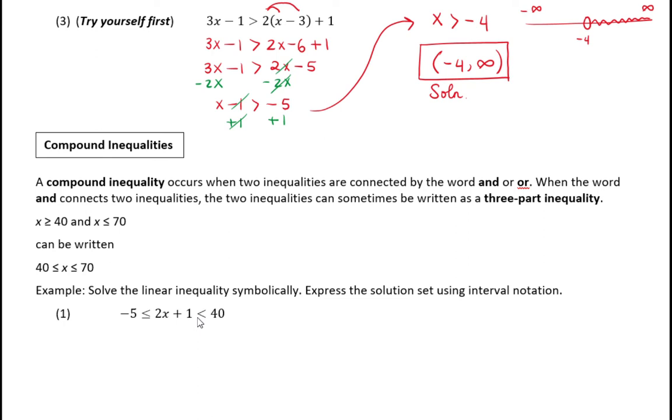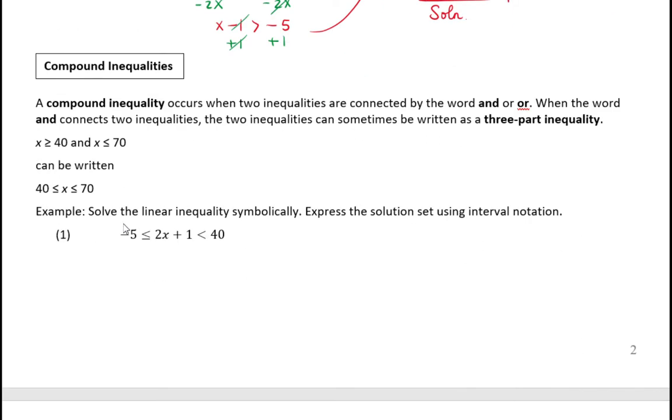If you multiply by a negative, you switch the directions and all that kind of stuff still works. But the point is you now have 3 parts. That's the only thing. Why is that helpful? I'll solve an example application, and you will see it will be really helpful. But the point is that you combine multiple inequalities, and it's called a compound inequality.